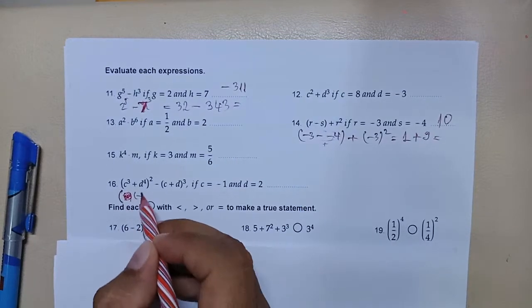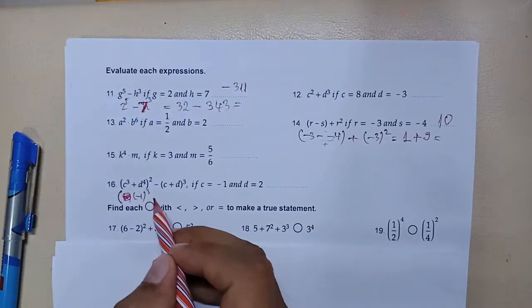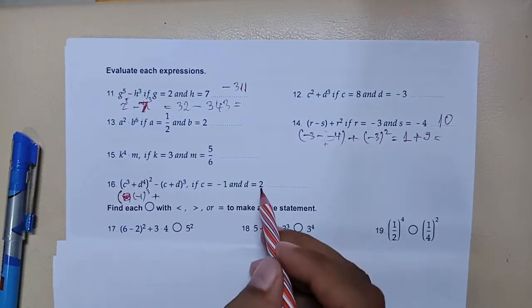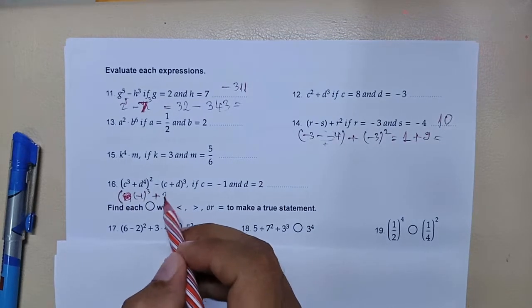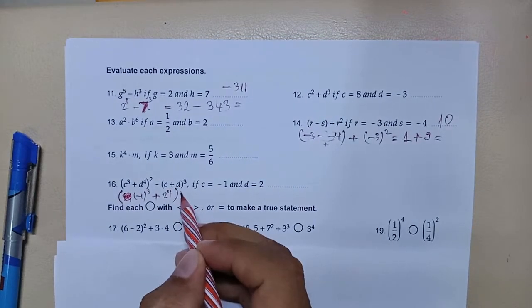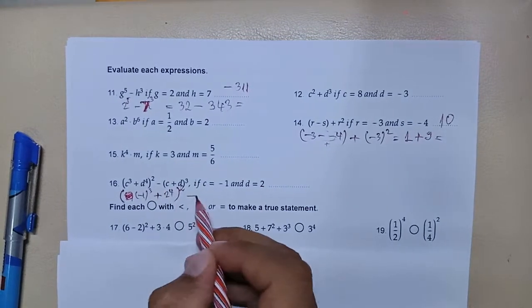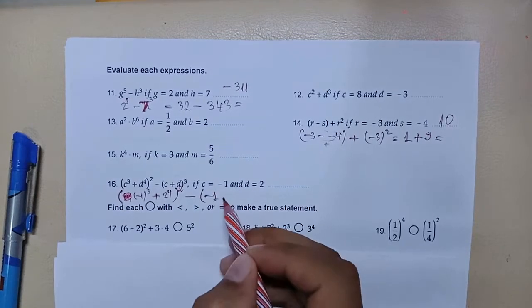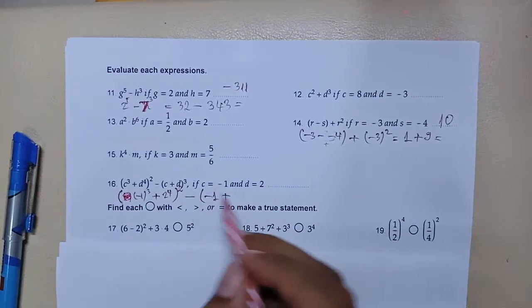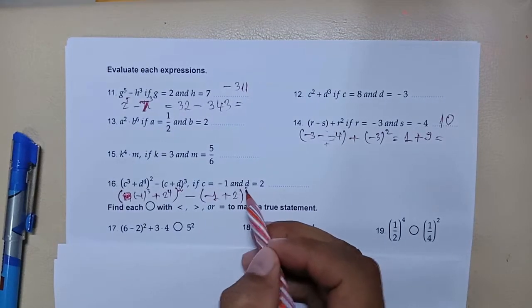You have this one as negative 1 to the third, and then plus d, 2 to the fourth. So 2 to the fourth, close parenthesis, and then squared, minus c, which is negative 1, plus d, which is 2, close parenthesis, to the third.